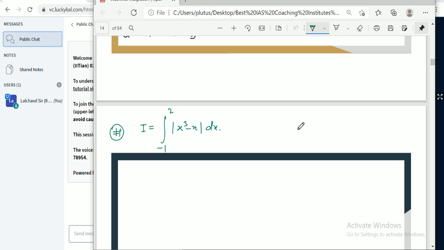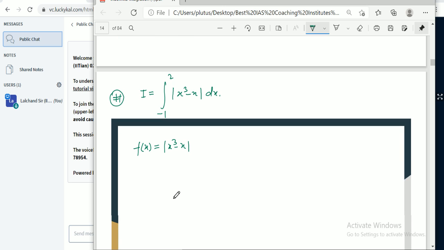Let's suppose this is f(x). We have f(x) as mod of x cube minus x. If I simplify this function, I can write mod of x times (x square minus 1), or we can write mod of x (x plus 1)(x minus 1).